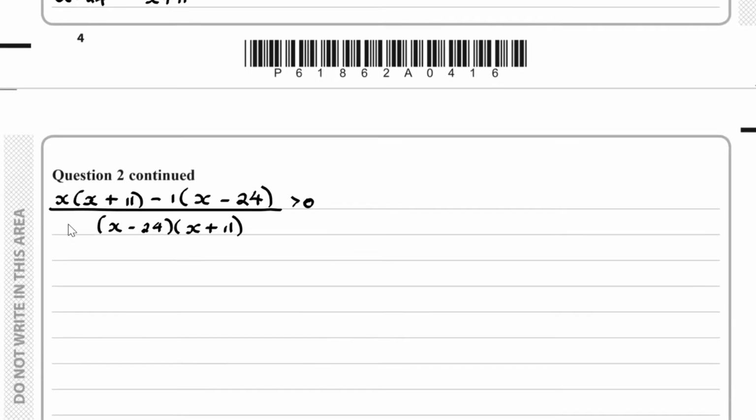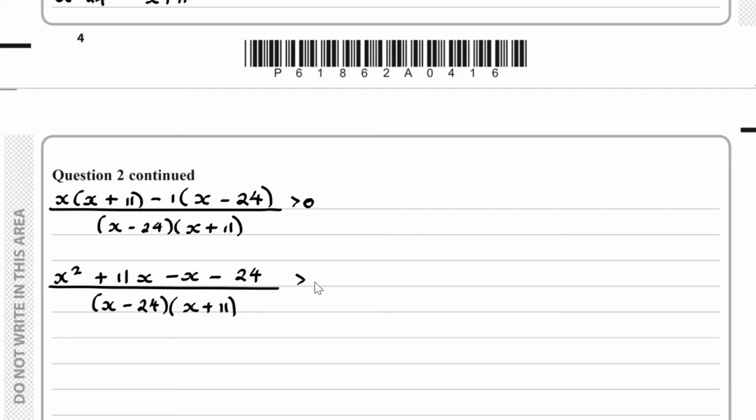And if we expand and simplify all this on the top, we have x squared plus 11x minus x minus 24. On the bottom, we've still got this x minus 24 lots of x plus 11. And this is greater than 0.